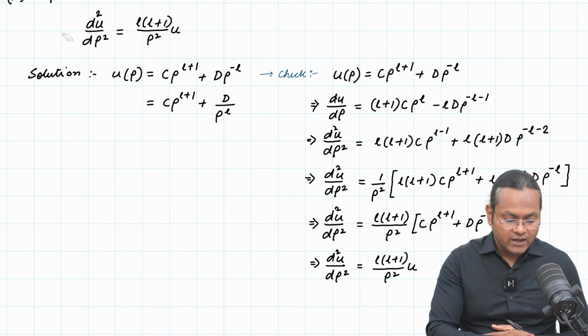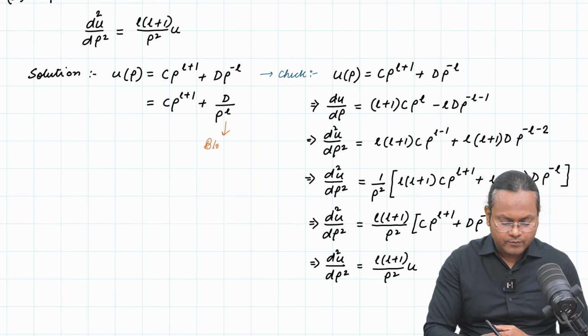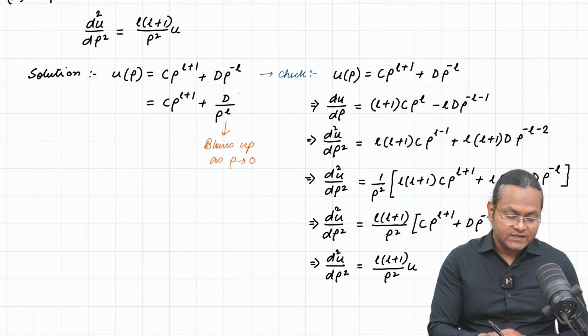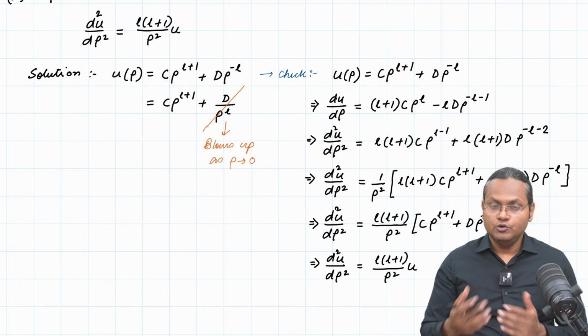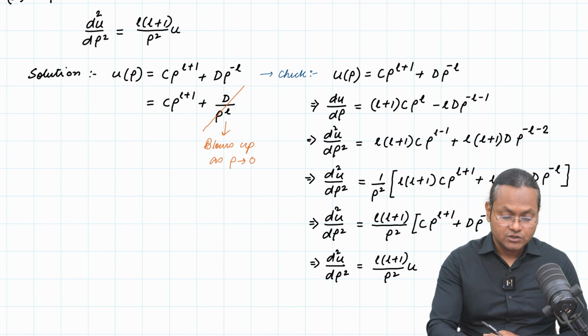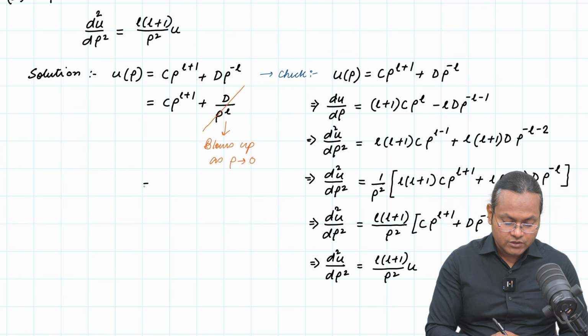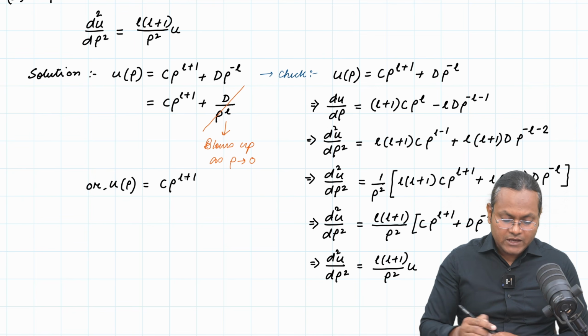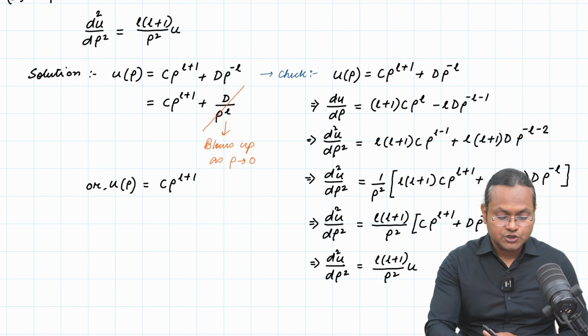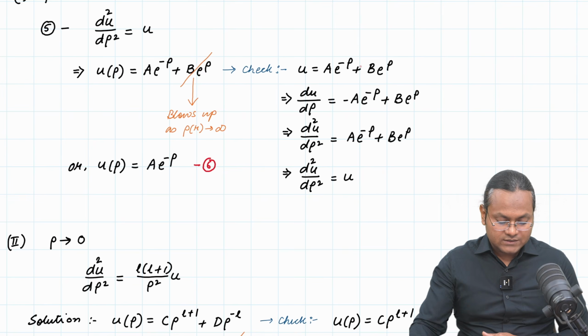So for very small values of rho, this will blow up, okay? Blows up as rho tends to 0. So therefore, we cannot accept this as a solution of the final differential equation, which is the wave function solution. And the only acceptable solution that we can assume to be valid is C rho to the power l plus 1. There you have it. I'm going to name this as equation number 7.